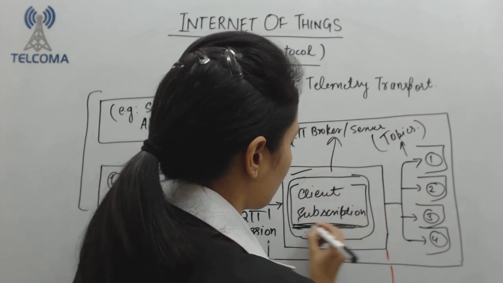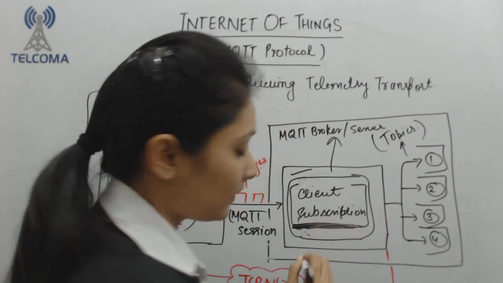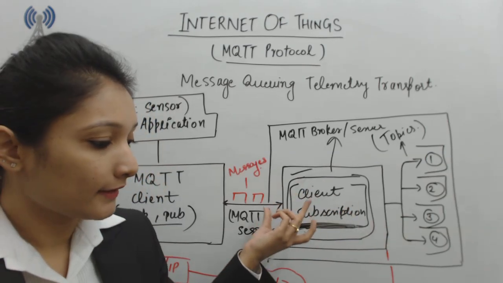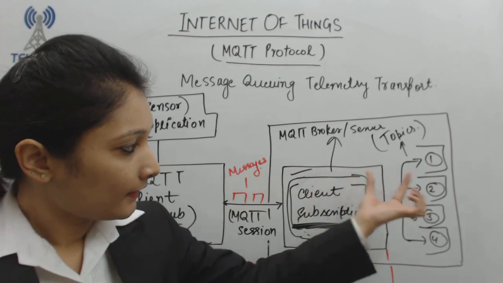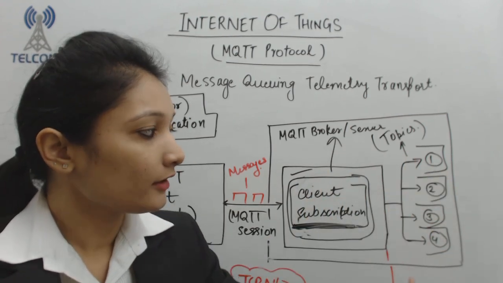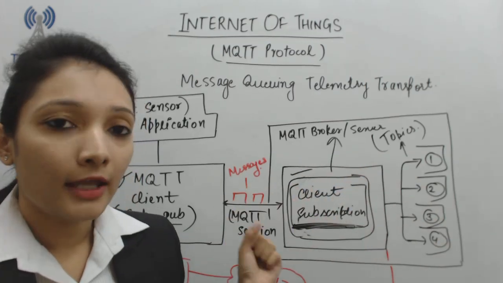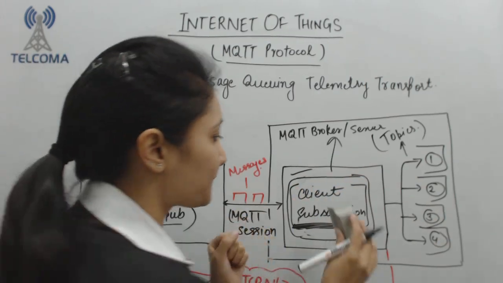So this client subscription here allows you to logically connect to a client, or we can say to the topic on the basis of which that information will be redirected to you.